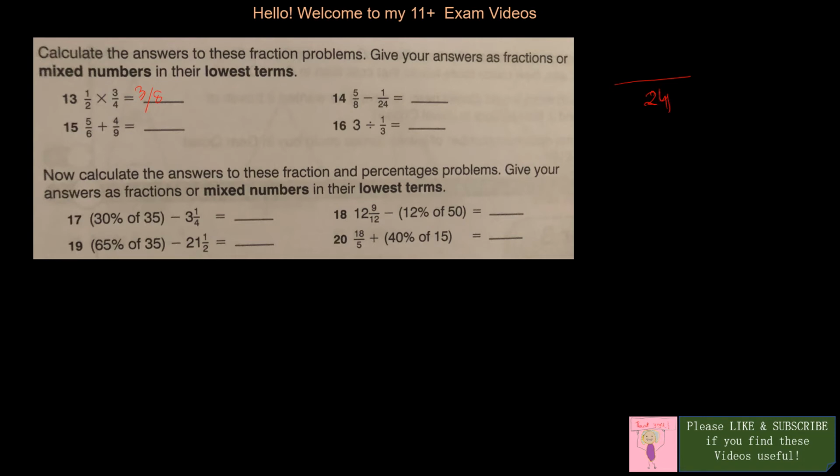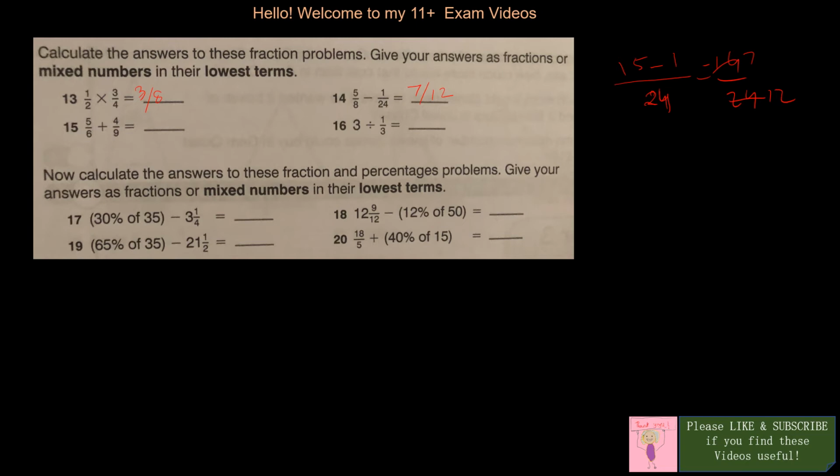So it is 5 times 3, 8 times 3 is 24, 5 times 3 is 15, minus 1 is 14 out of 24, 2 times 12, so the answer is 7 out of 12.